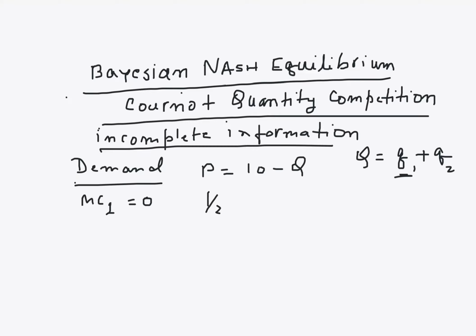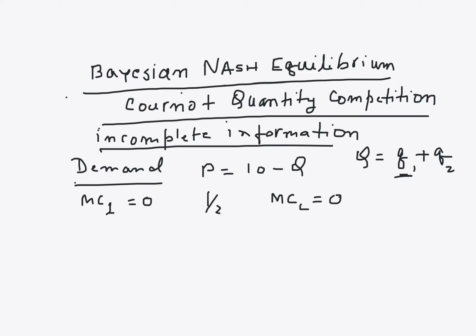So let's write it down. There are two types of firm 2 here. One type produces the good at zero cost. The other type produces the good at $4 per unit of output. So we can denote them by low cost and high cost. MC_2L, the marginal cost of the low cost type of firm 2, is 0, okay?